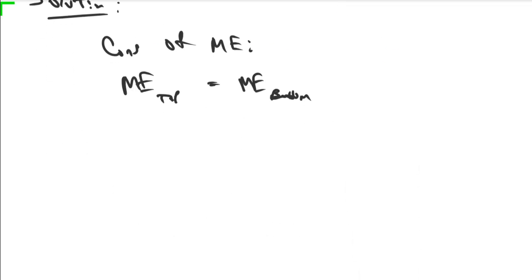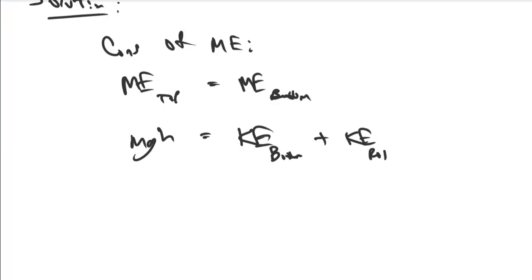So this means that we have mgh, because we only had gravitational potential at the top, is equal to kinetic energy at the bottom plus the rotational kinetic energy at the bottom, right?